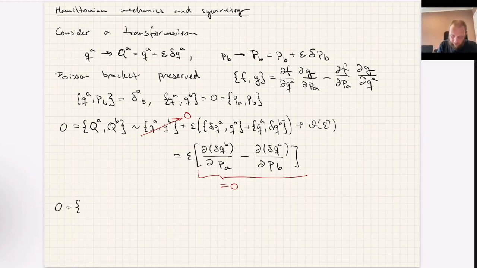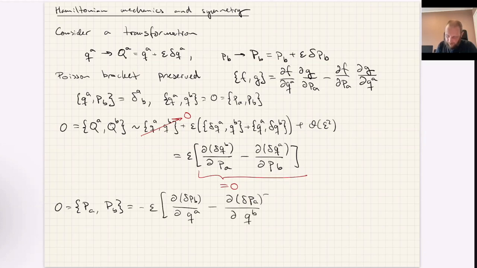So if I take PA, PB, I follow through with the same computation. I get this minus epsilon d delta PB dQA minus d delta PA dQB, and this should be equal to 0.